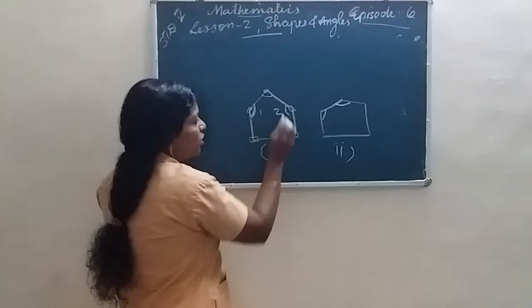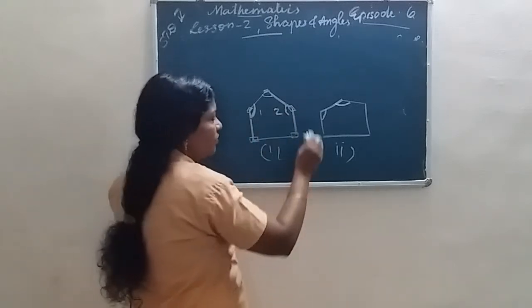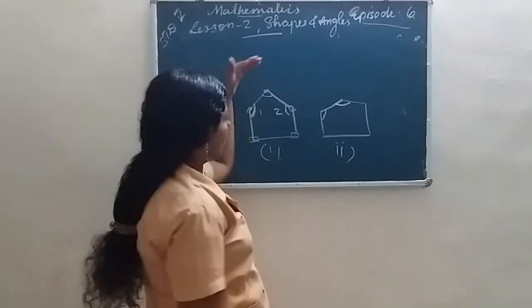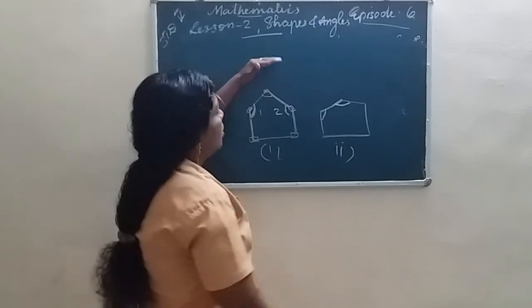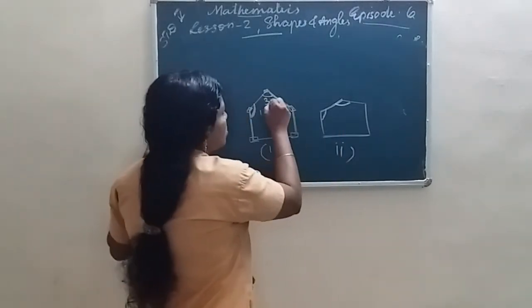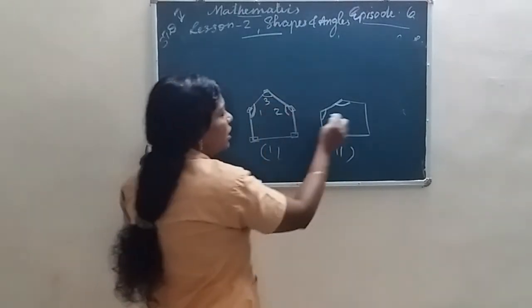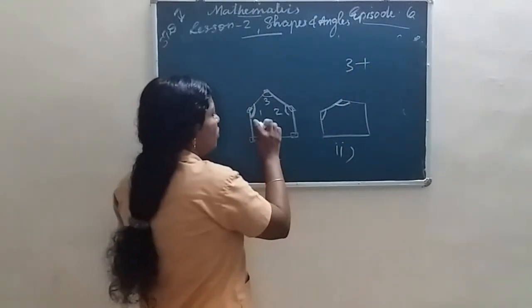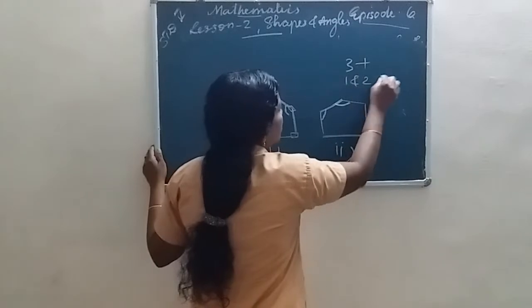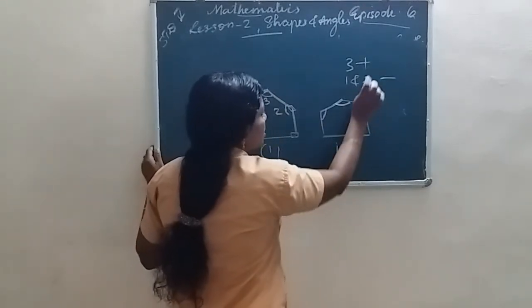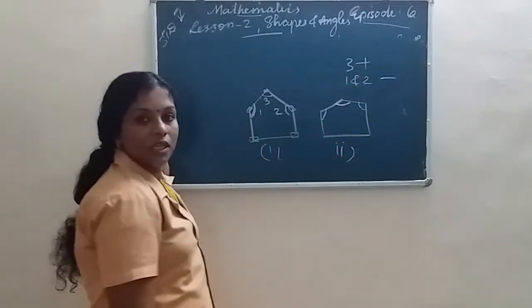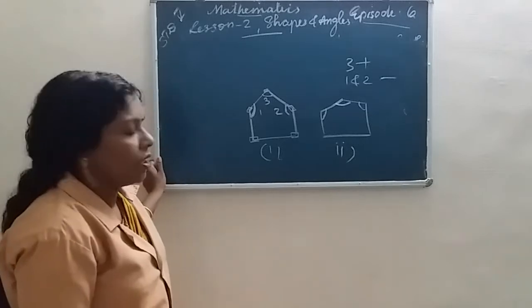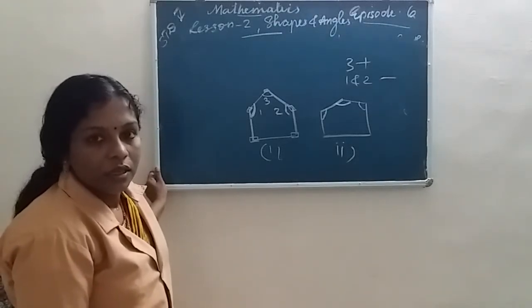When we push the upper top, we get this angle 3. Angle 3 is large, increasing, but 1 and 2 become less. They become small, less than 90 degrees or less than a right angle.